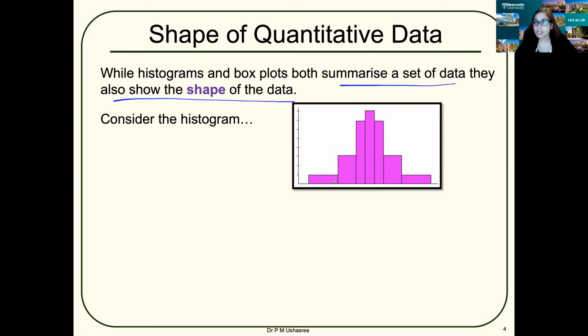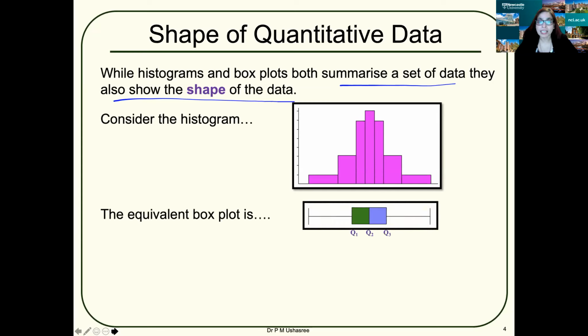Consider this histogram, the first one as we saw in the first slide. The equivalent box plot should look like this because it's symmetrical data, so the whiskers are of the same length. As you call these whiskers for a box plot, the best way to say this for a histogram is tail.